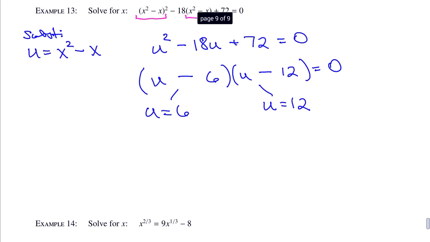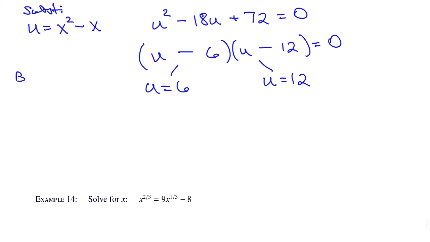Now we back substitute. And I'm going to write it over here. So we get x squared minus x equals 6, and x squared minus x equals 12. Let me solve the one on the left first. If we have x squared minus x equals 6, I can move the 6 over.